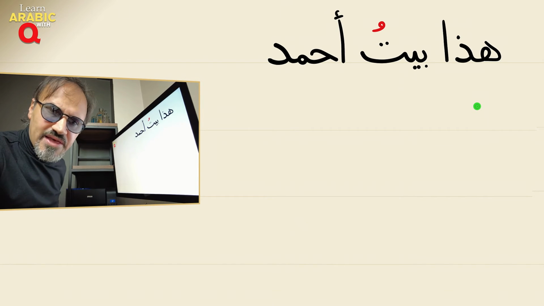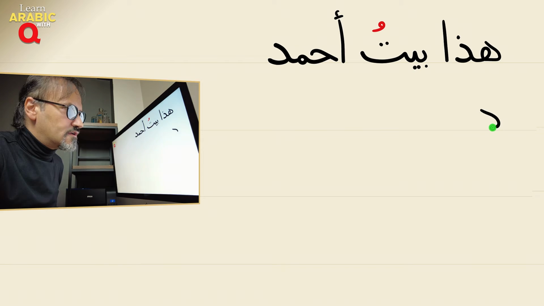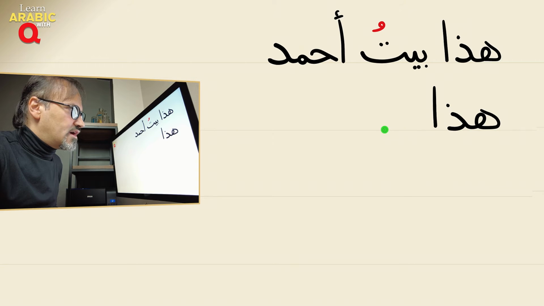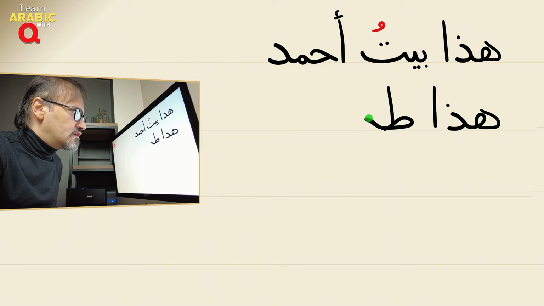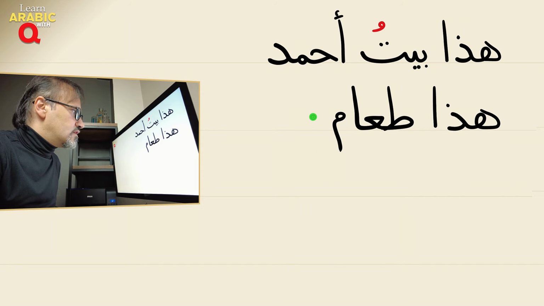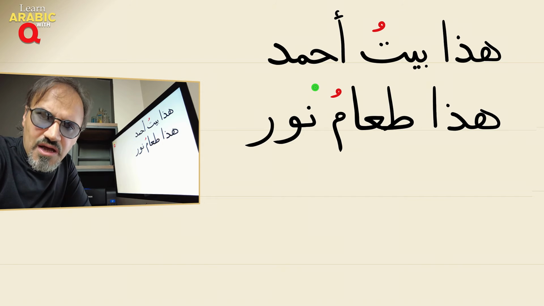Okay. هذا طعام. This is the طي, it's an upside down triangle. طعام نور. هذا طعام نور.